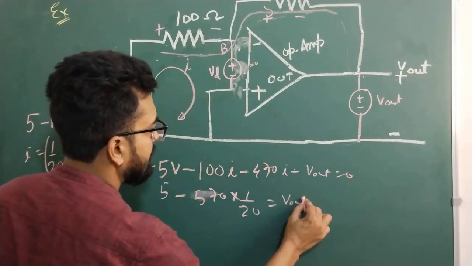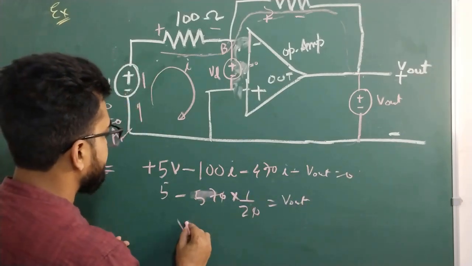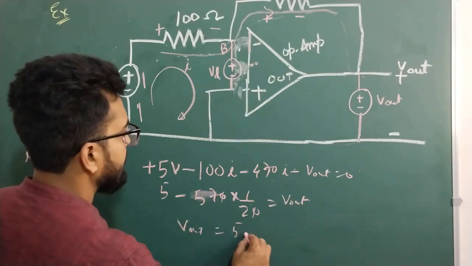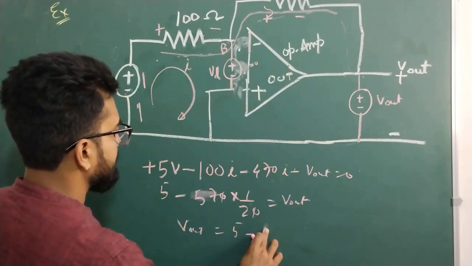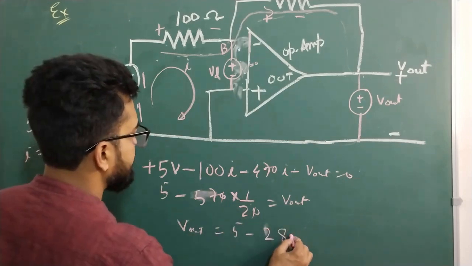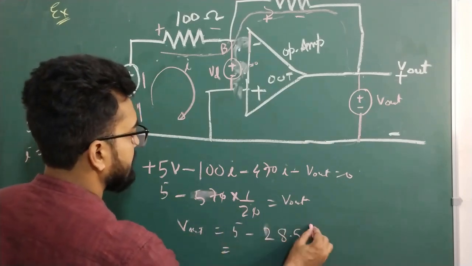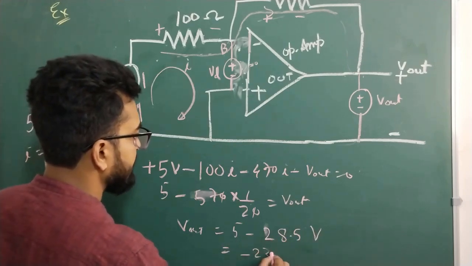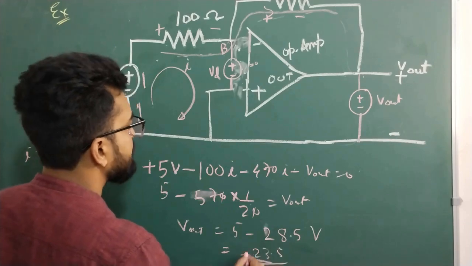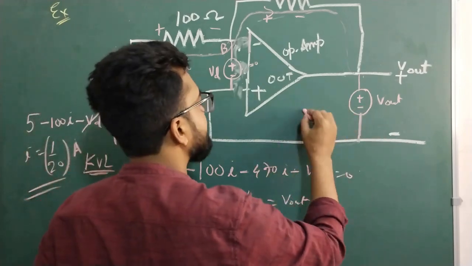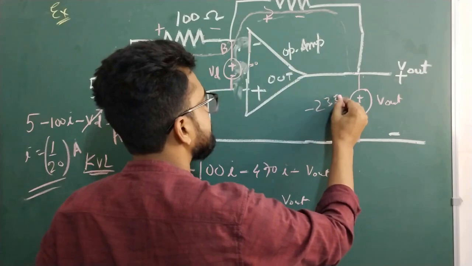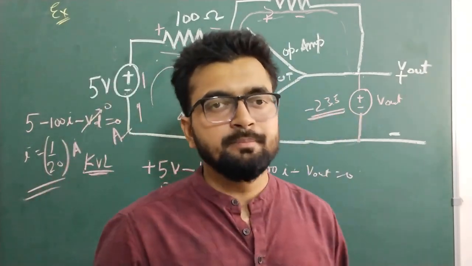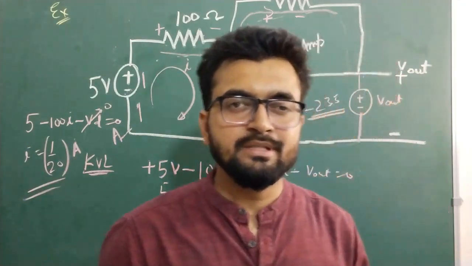If you solve this, Vout would be 5 minus 57 by 2, which is 28.5 volt, and if you solve it further, it is minus 23.5. So the output voltage of the operational amplifier in this case is minus 23.5 volt.